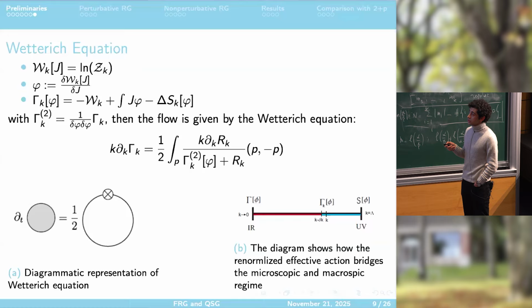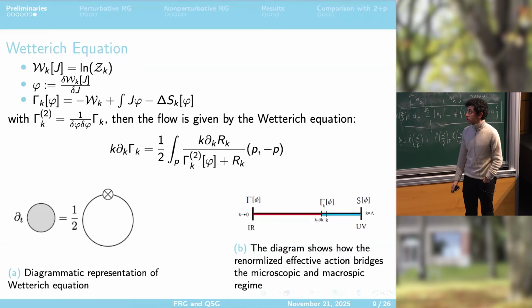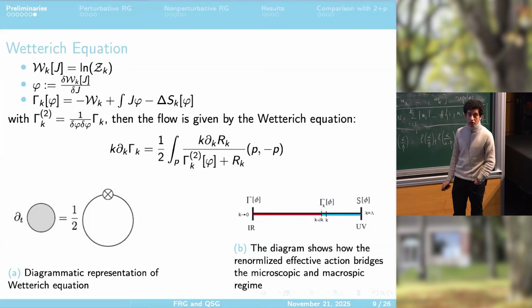And there is this solid ball that you can understand as the average effective action. So the derivative of the average effective action is equal to 1/2, and here we have this cross, which is the insertion of the derivative of the regulator.